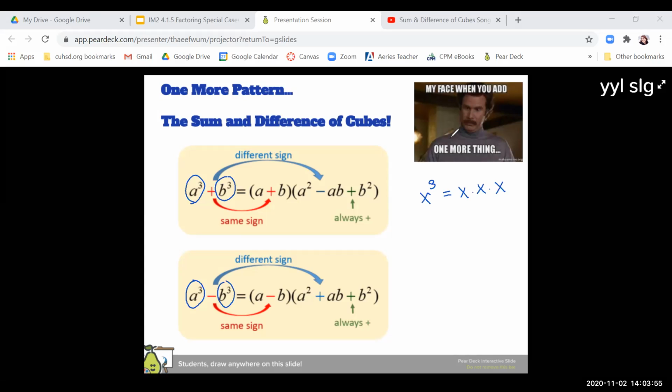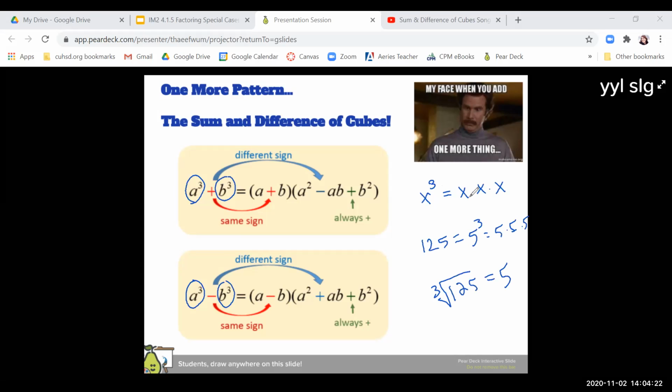An example of a cubed number might be 125. That's 5 cubed because it's 5 times 5 times 5. So if I took the cube root of 125, I would get 5. That's just a side note about cube roots, okay?